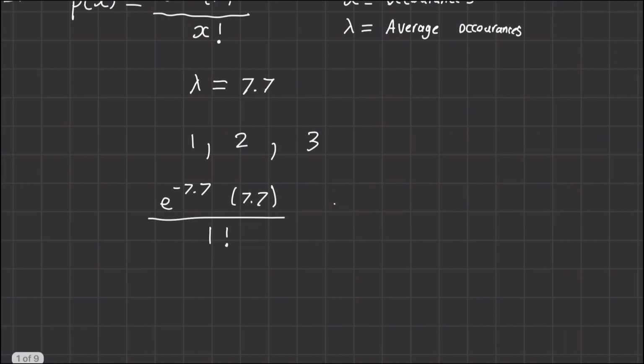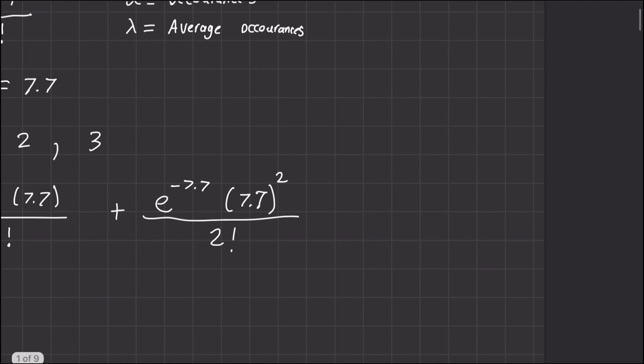Now, what is the probability that 2 people will be brought in with the case? It's the exact same thing as before with our average occurrences. And then finally, added to 3 occurrences.